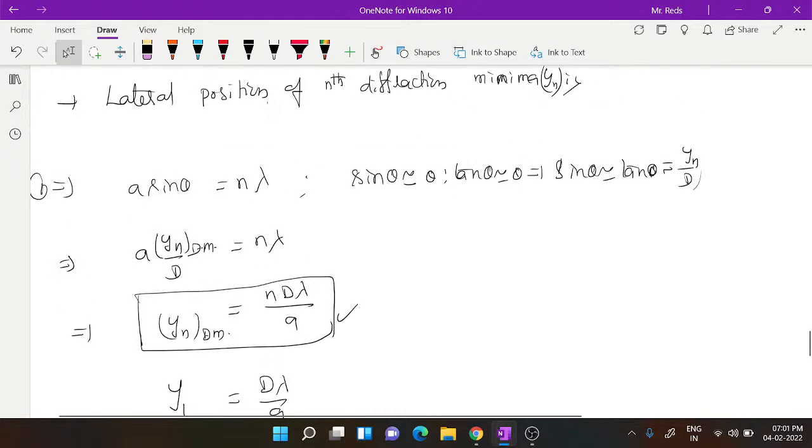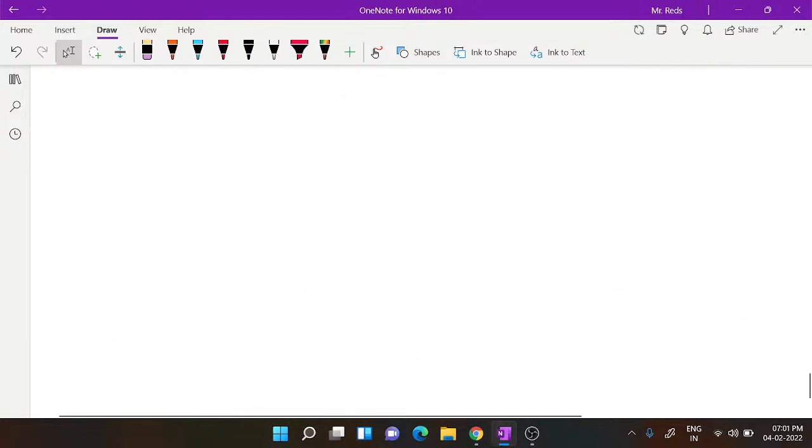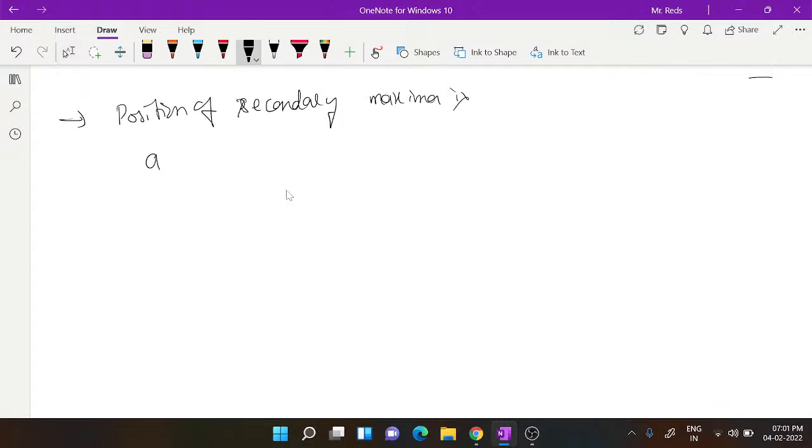For minima in diffraction it should be n lambda, for maxima it should be 2n minus 1 into lambda by 2. So a sin theta should be equal to 2n minus 1 into lambda by 2. From this, substituting sin theta as yn of maxima, that is bright fringe, divided by capital D, gives you 2n minus 1 into lambda by 2.